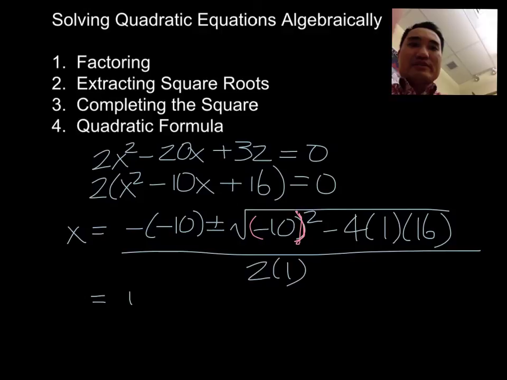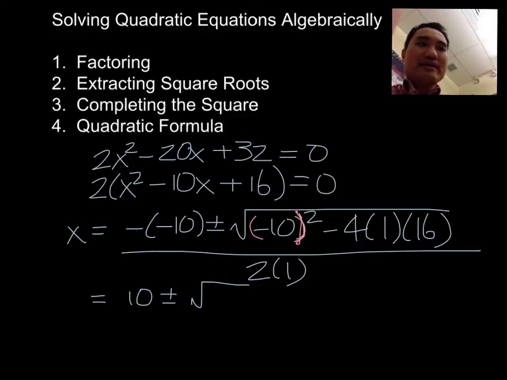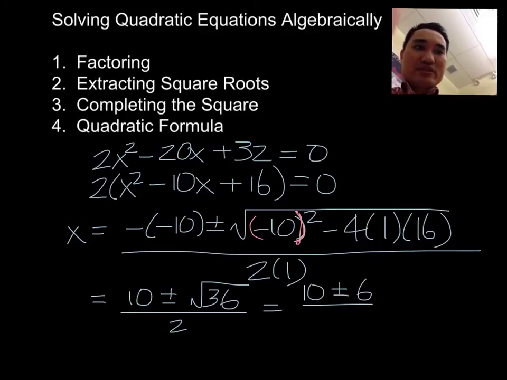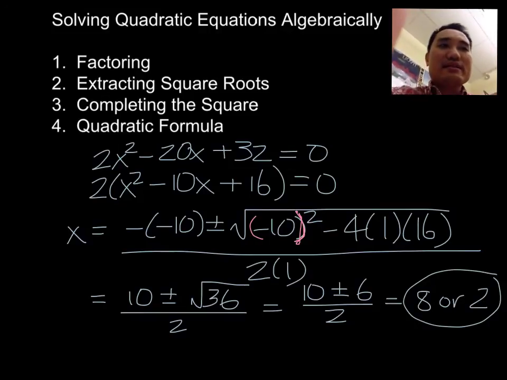So this becomes 10 plus or minus the square root of 100 minus 64, which is 36, all over 2. So you have 10 plus or minus 6 over 2, which gives you 8 or 2. Same answers as the other time.